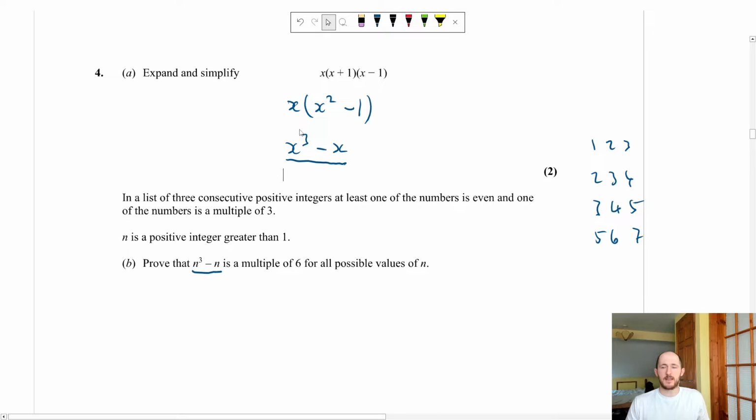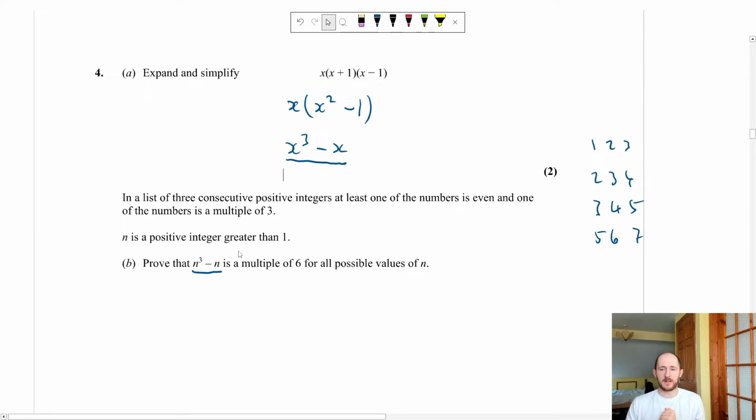All they've done is they've changed the variable, but it's the same thing. They've done this ideally to help you, and this is a skill you'll learn more in A-level, where you use part A's in part B's, and you use part B's in part C's, and you just keep going like that. It's less common now in GCSE, mainly because there aren't usually multiple parts in questions, to be honest, but we'll leave that. So prove it's a multiple of 6 for all possible values of n.